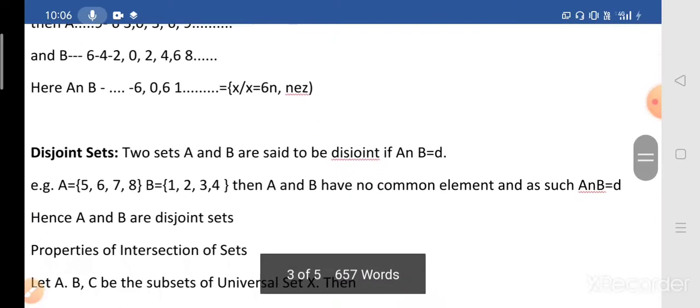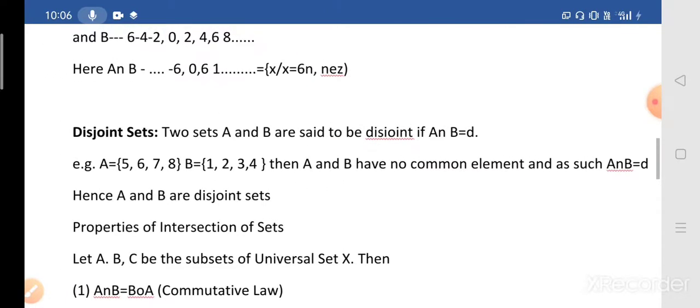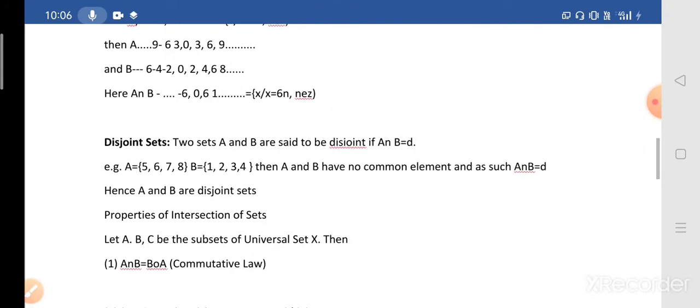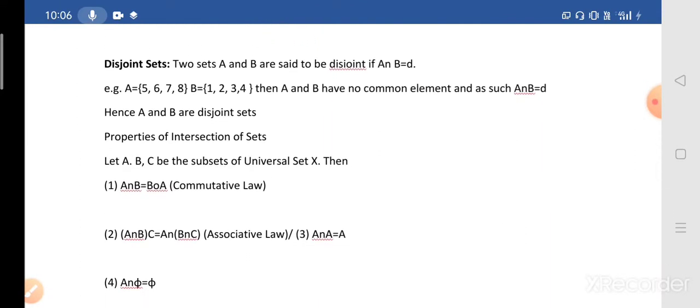Disjoint sets. Two sets are disjoint if there are no common elements in both sets. Then A intersection B is phi. Two sets A and B are said to be disjoint if A intersection B equals phi.